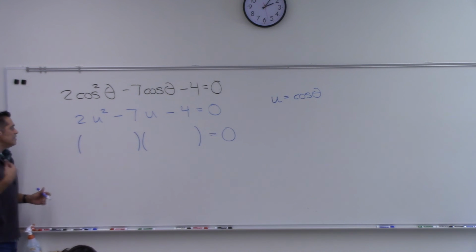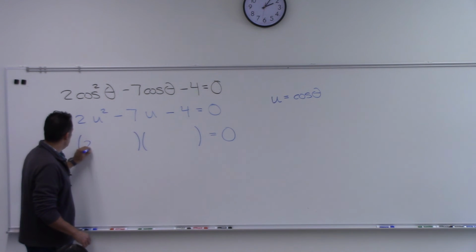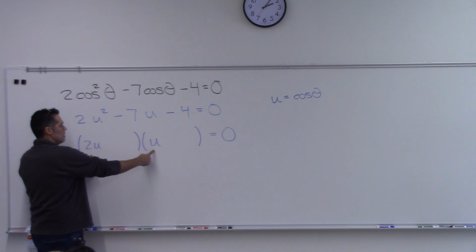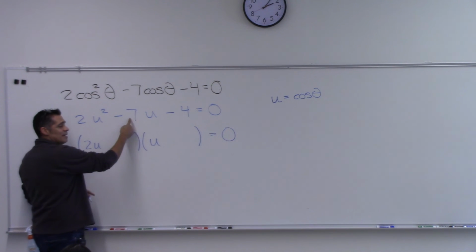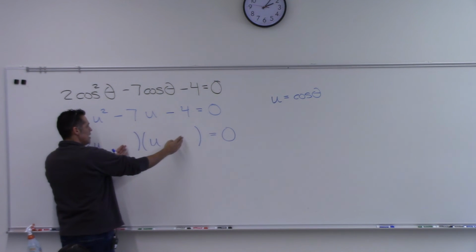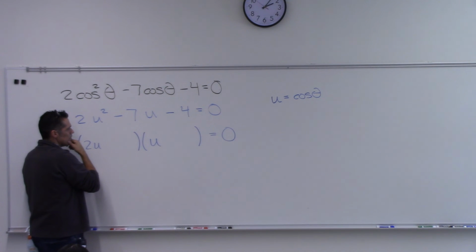When I do factoring like this, the way I do it is I figure out what this first one has to be. So I put a 2u here and I put a u here. That gives me 2u squared. And then I think about what I need here. I need a -7 and a -4 out here. So how do I do it?